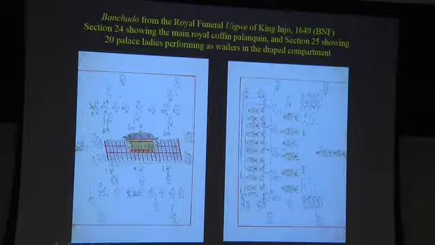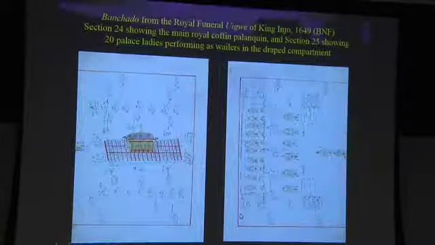And then funeral bier proper, very large palanquin, and right behind the funeral bier is the section where wailing palace ladies are discreetly hidden in these drapes. And then these are the other princes.